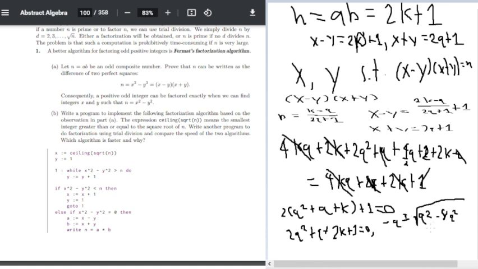Wait, what am I thinking? I'm being very dumb right now. Okay. So negative 1 plus or minus the square root of b squared, so 1 minus 4ac. So it'd be 8 because it'd be 2 times 4, and then it would be 2k plus 1, over 4.